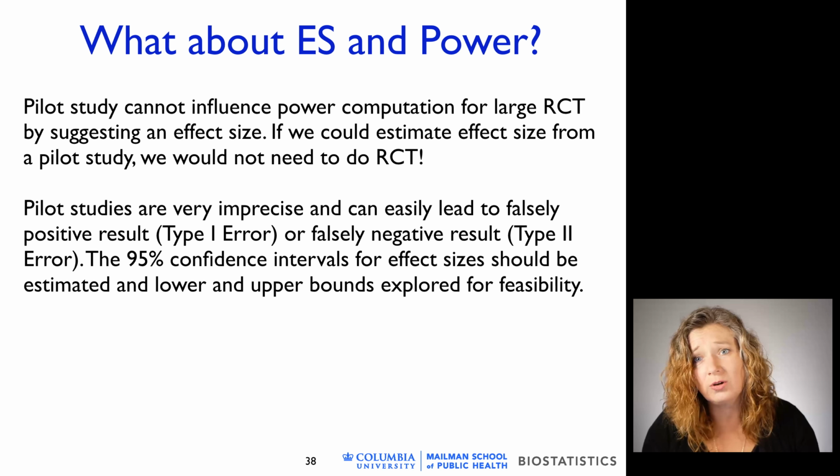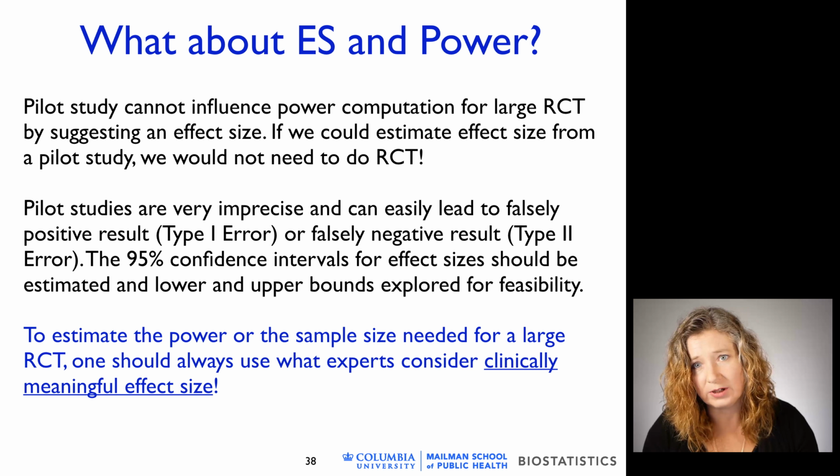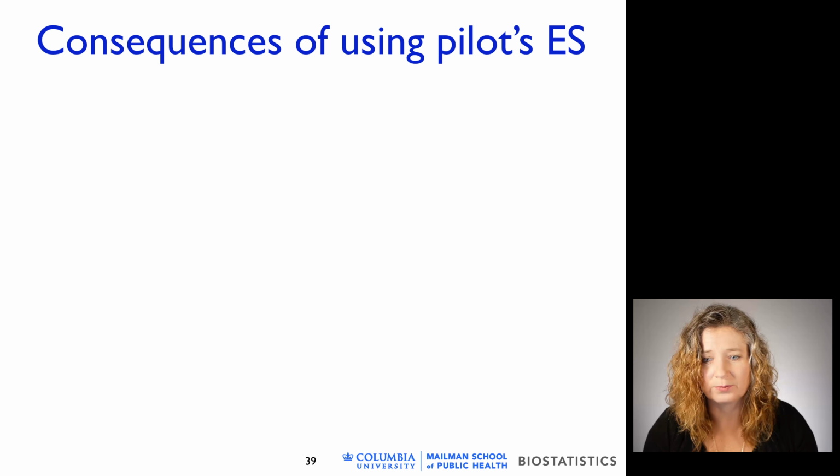We should actually look at the 95% confidence interval, look at its width and at the effect sizes from the lower and upper bounds, and explore them for feasibility. But to estimate power and sample size for a large RCT, we should always use what experts consider clinically meaningful effect size. That is the most important part.